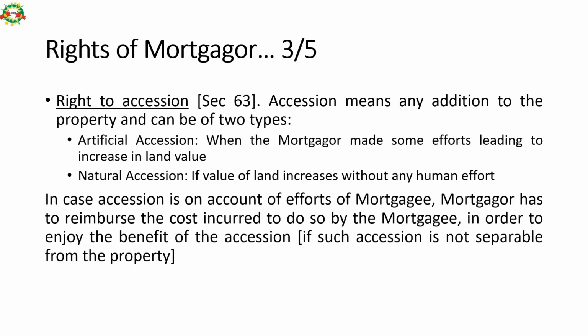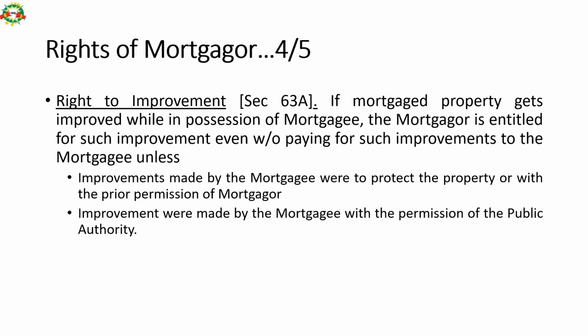Say my bank had taken possession of the property and constructed one room in it, and that room cannot be separated from the property after the loan is repaid, then I have to pay a reasonable cost to the bank for that extra room if I want to enjoy that room.